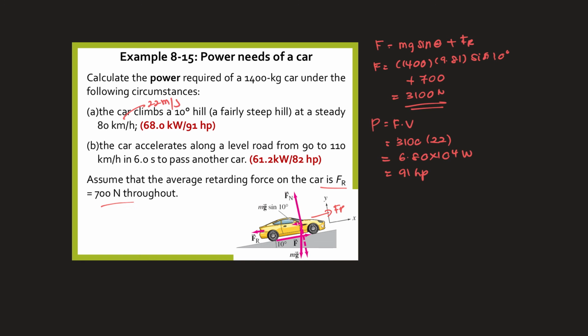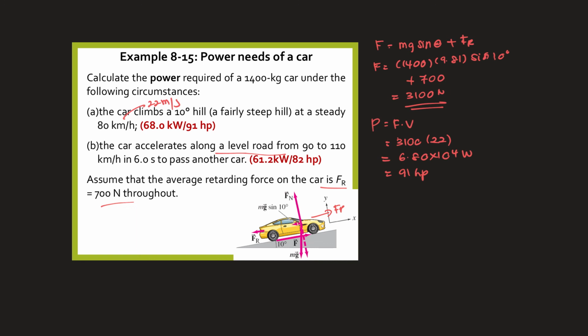Okay, so question B: the car accelerates along a level road. It means that along the level road, you don't have to deal with an inclined plane, from 90 to 110 kilometers per hour in 6 seconds. So we need to find the upthrust force first, the force that pushes the car to make it accelerate. On the level road, you need to find the acceleration first.